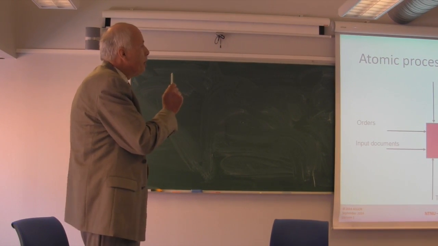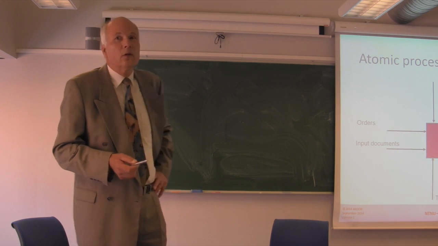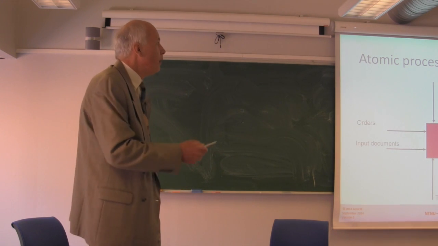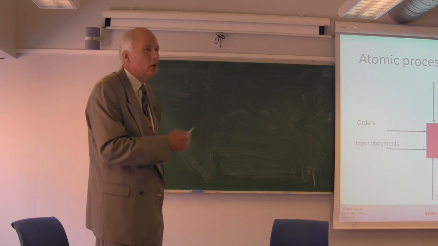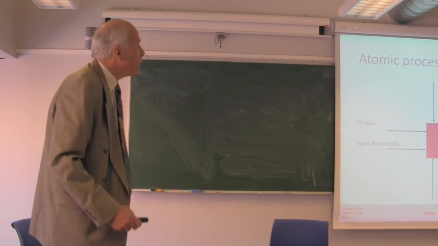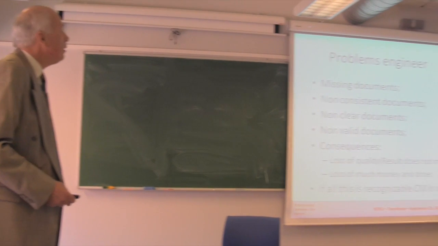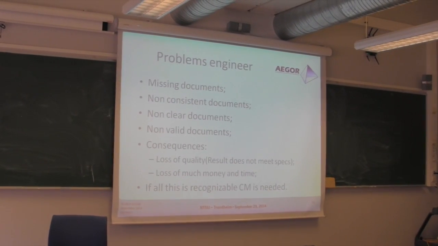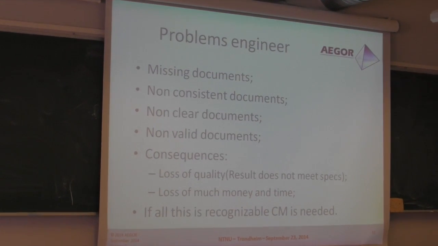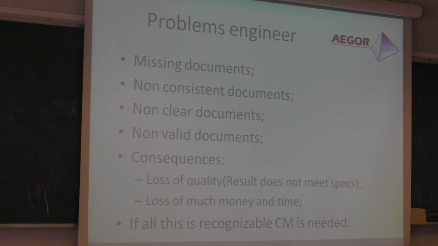And these engineers, either they will produce another requirement, another document down the line, or they make a physical part. And they use tools, they use libraries and procedures. And what is the problem here? Missing documents. If an engineer sees that he's missing documents, he goes and looks for them, a waste of time.